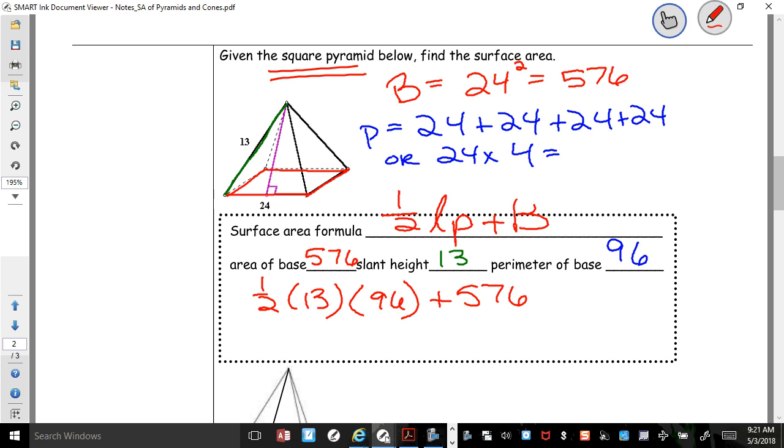What do you get? 624. Plus 576. What is it? 1,200. Yeah. So it'd be units squared.